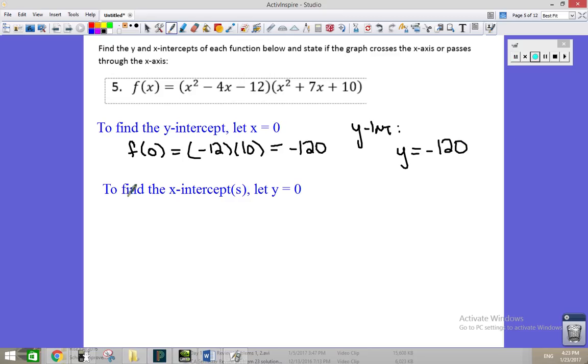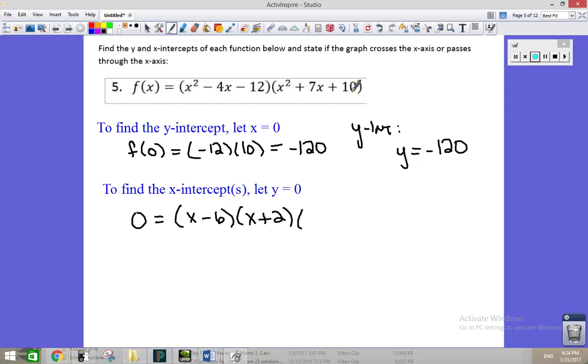Now, we wanted to do our factoring. So we let the output of the function be 0, and x squared minus 4x minus 12 factors to x minus 6 times x plus 2, because negative 6 times a positive 2 is negative 12, and negative 6 plus a positive 2 is negative 4.